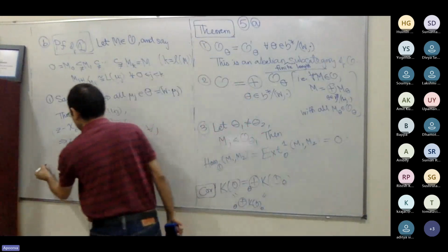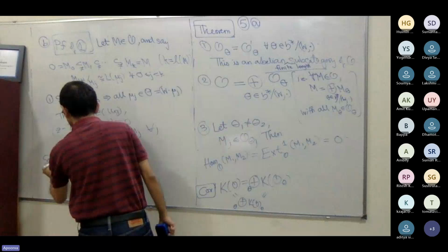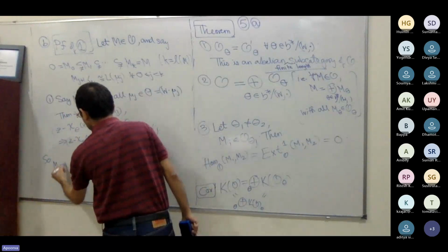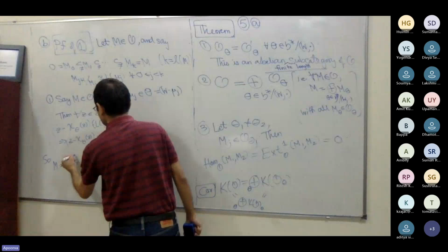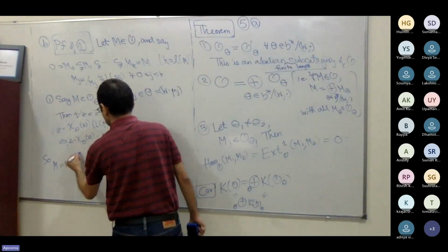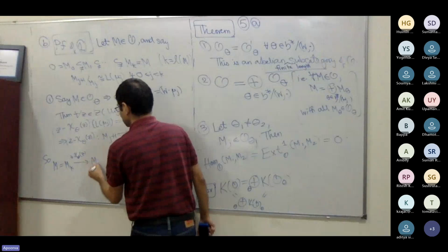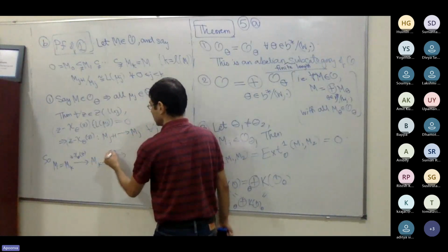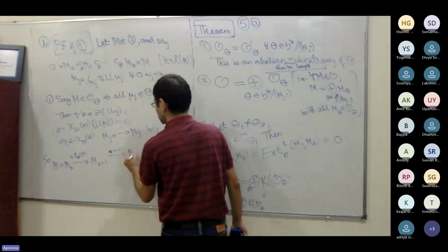We are done, right? So therefore, if you look at Mk, which is M, send it by Z minus chi theta of Z to Mk minus 1. Now again send it by Z minus chi theta of Z to Mk minus 2.